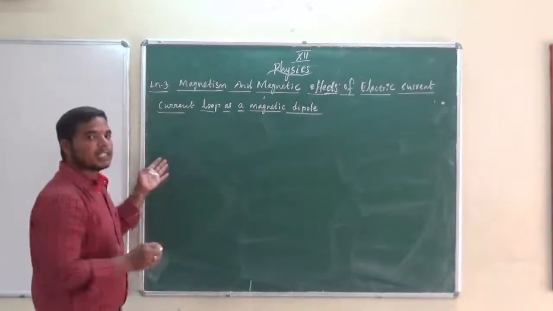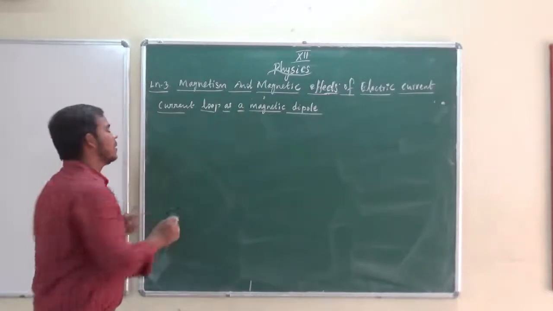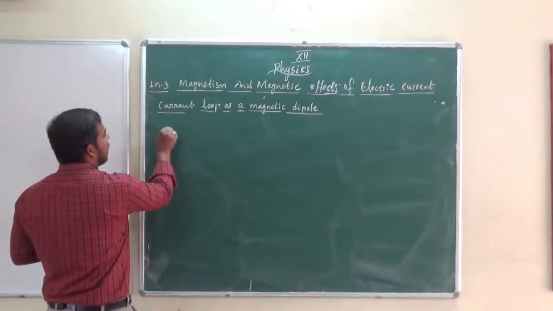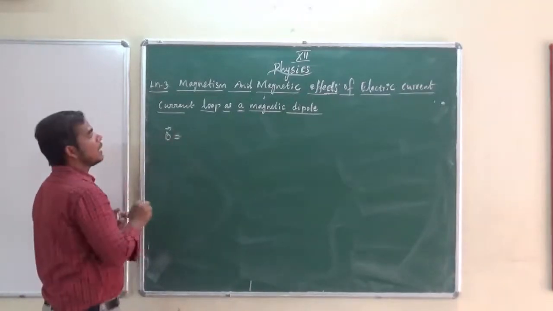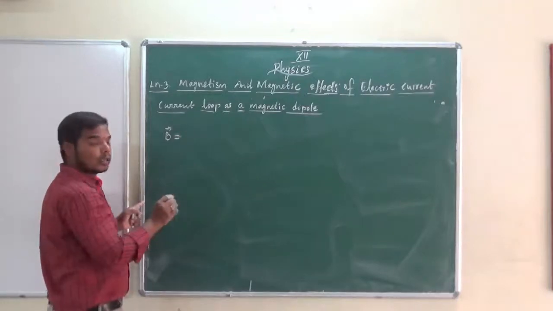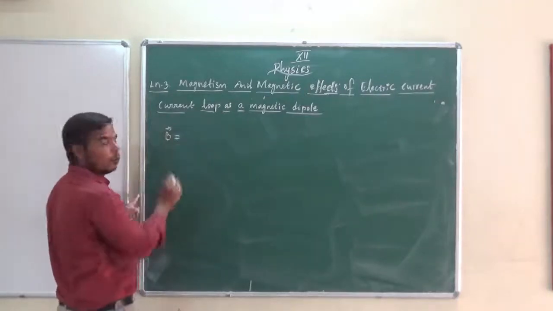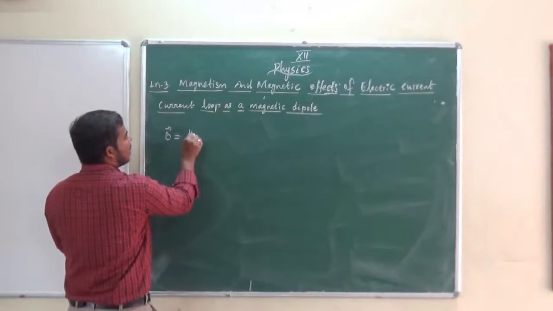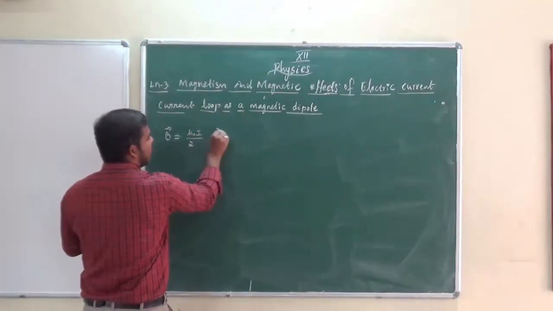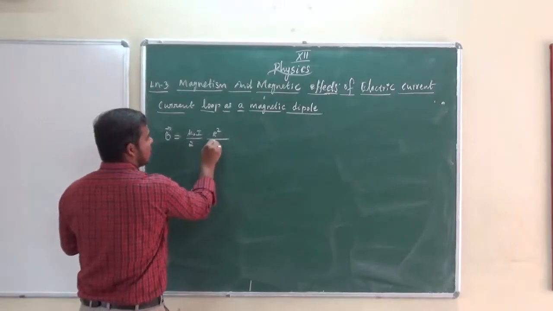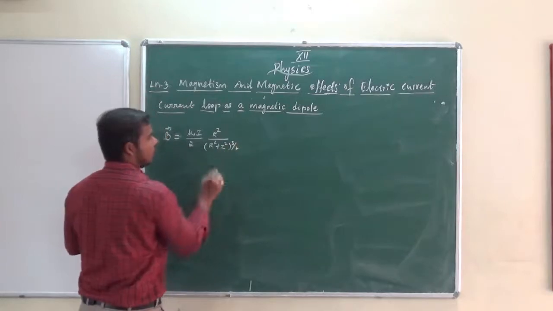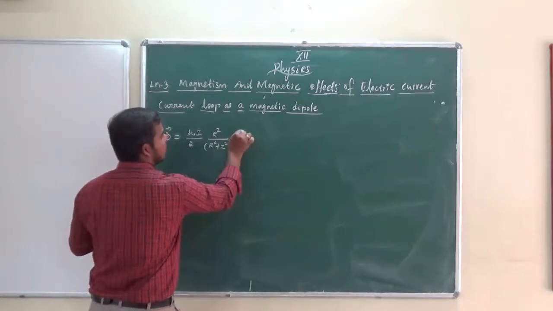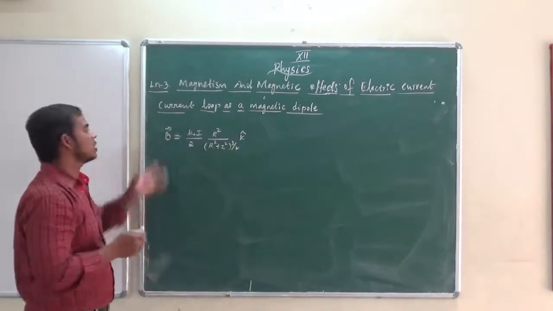So we have just now derived the final equation. What is the final equation? B vector equals the magnetic field at the current carrying circular loop or circular coil, that is the current loop. What is that? Mu naught I divided by 2, R square divided by R square plus Z square to the power of 3 by 2, into K. This equation we just now derived.